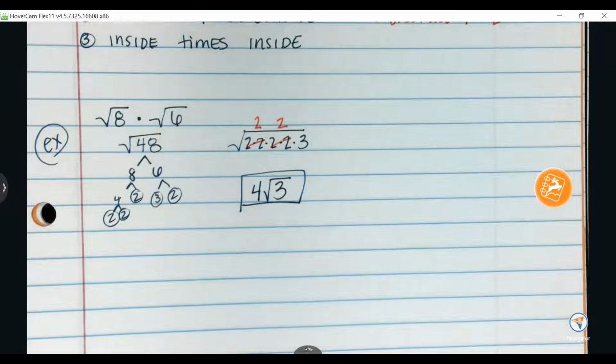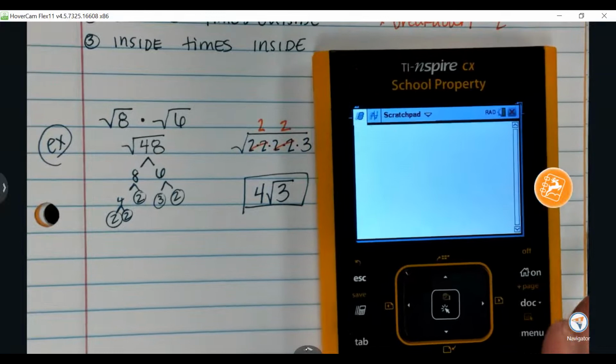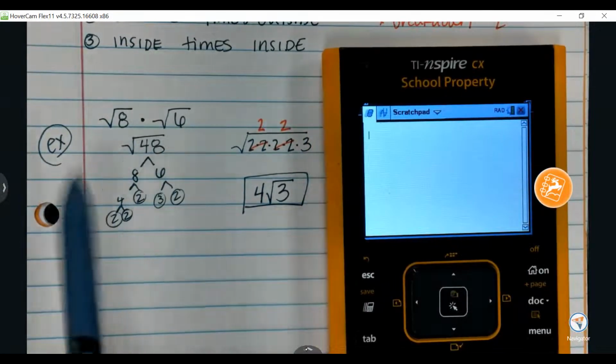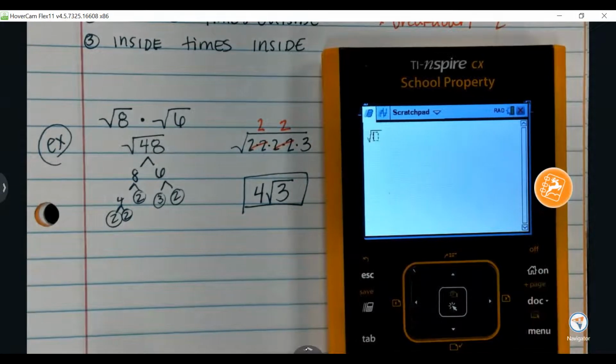Now, if you have time, then you can check your answer. So get your calculators really quick. We're not going to check every single one of them. You can, but we're not going to in our notes, but we'll check 1 or 2 of them. Type in the problem exactly as it says, square root of 8, and then I'm going to hit the over button so it gets out of the radical, times the square root of 6.